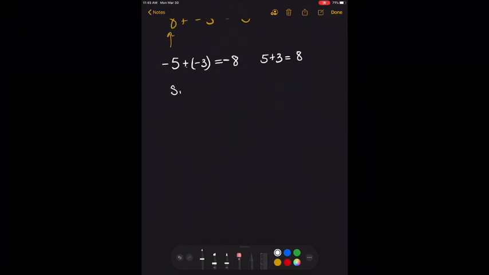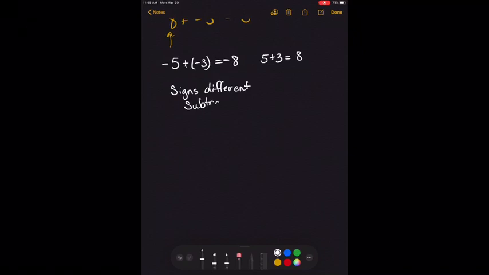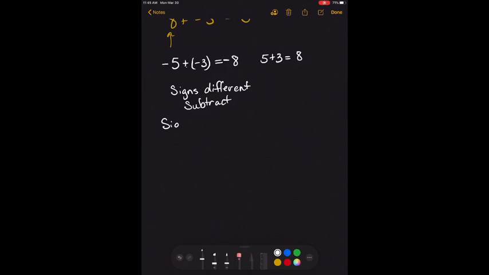So if the signs are different, we subtract. Okay, and the sign is determined by the larger number.